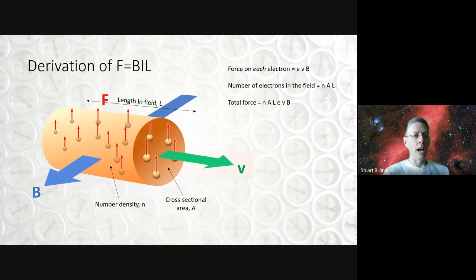So if we just order them into the right sequence, hopefully you'll recognize them. If we just collect up the n, A, the v, and the e, stick a B on the front and an L on the end, you can hopefully see where we're heading with this. We just need to note that although some electrons will be traveling slightly faster and some slightly slower, on average, their speed will be the drift velocity.